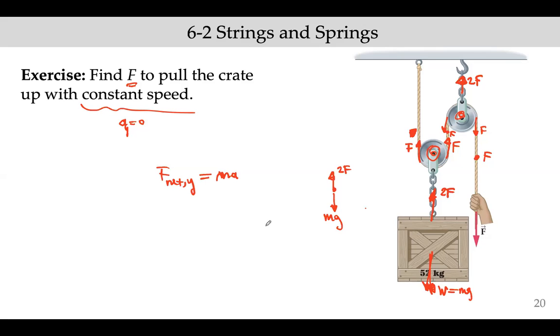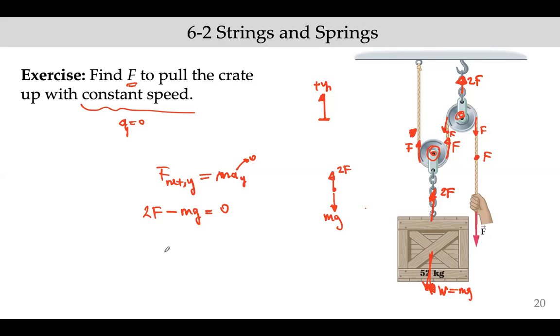Before writing these forces, I need to decide which direction is positive. I can take up direction to be positive. So this is the coordinate. Then 2F comes with positive sign and mg comes with negative sign, and they're going to be equal to 0 because a y is 0.